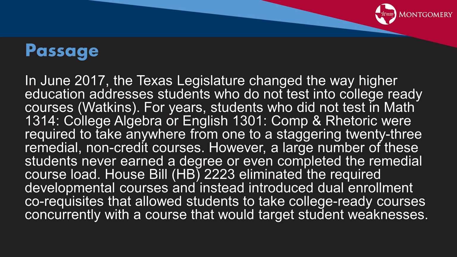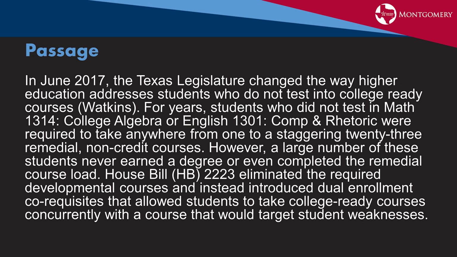In June 2017, the Texas legislature changed the way higher education addresses students who do not test into college-ready courses. For years, students who did not test into Math 1314 College Algebra or English 1301 Comp and Rhetoric were required to take anywhere from 1 to a staggering 23 remedial non-credit courses.